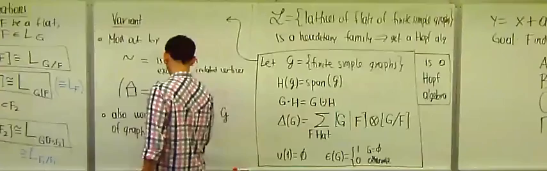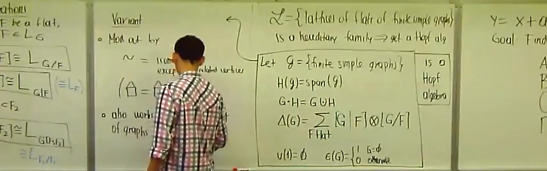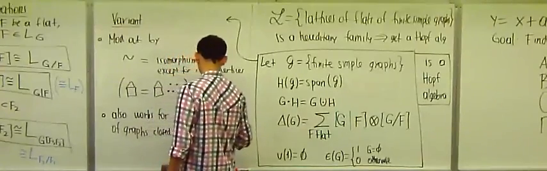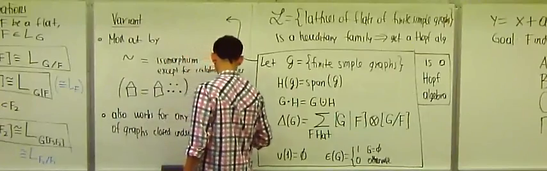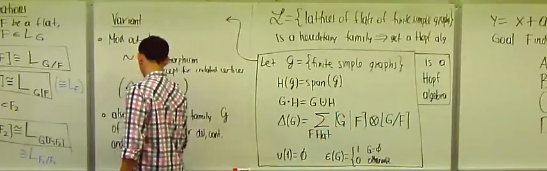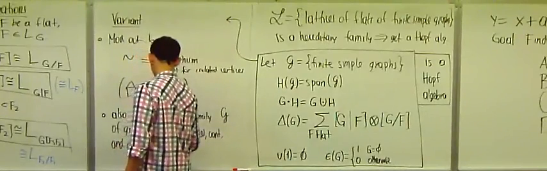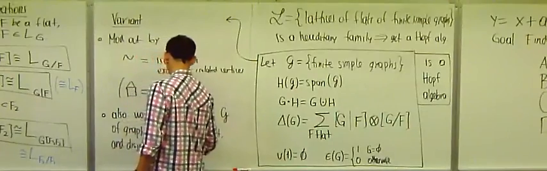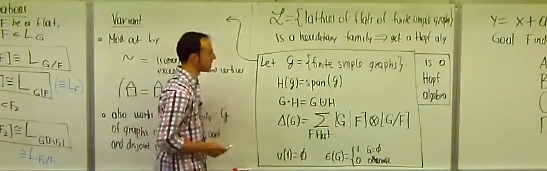So this also works for any family of graphs closed under deletion, contraction, and disjoint union. Okay.